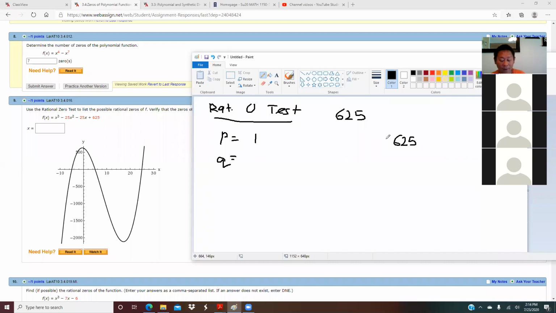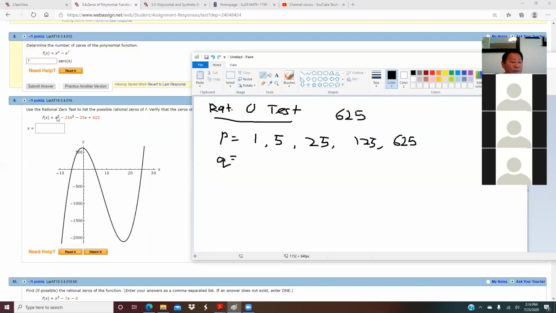And then you do 5. So 5 will work. So 5 and 125 will work. And then 25, yes, 25 times 25 is also 625. So these are all the factors for 625. Again, I told you before, in the test I won't give you 625. I would probably give you 25, easy.